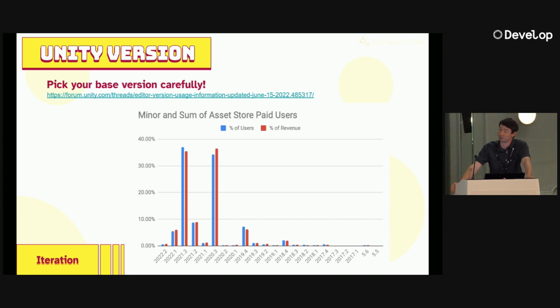So given that graph, which is from last month, so it's nice and up to date, I would say for base version, 2019 is the obvious base version to go with. You could have a compelling reason to go 2020, but you should be aware that you're cutting off about 9% of the asset store users.